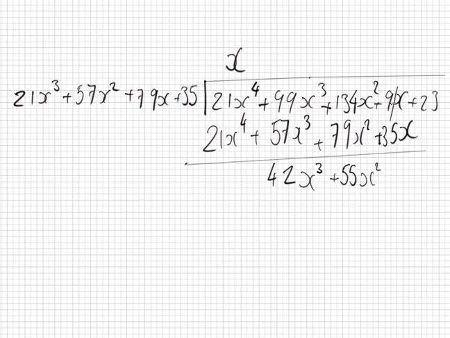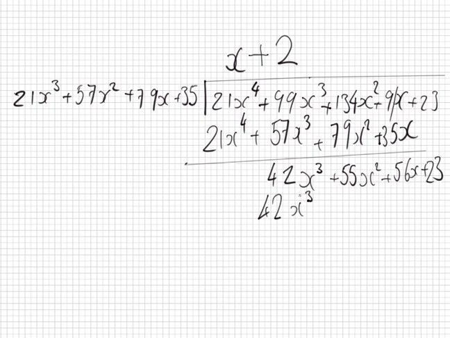And then 91 minus 35 is 56x plus 23. And then what do I need next now? Plus 2, because if I do plus 2, I'd get 42x cubed.